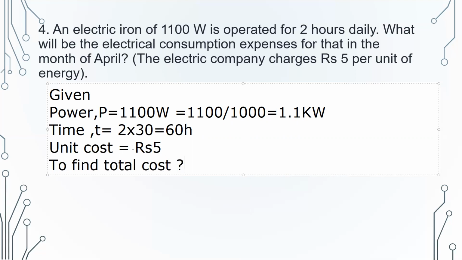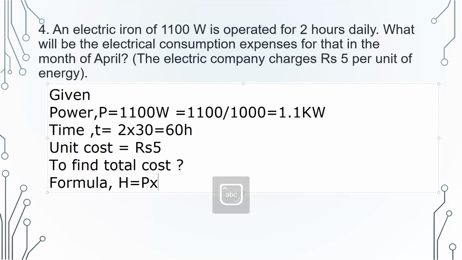Okay. What is the formula? Formula is H is equal to P into T. Okay.